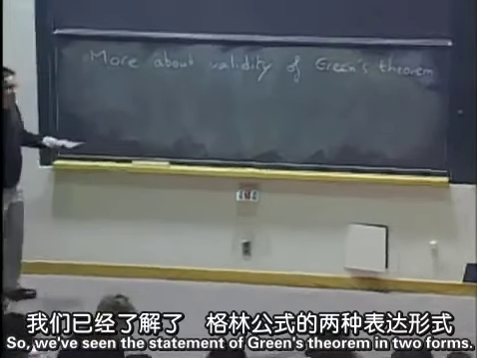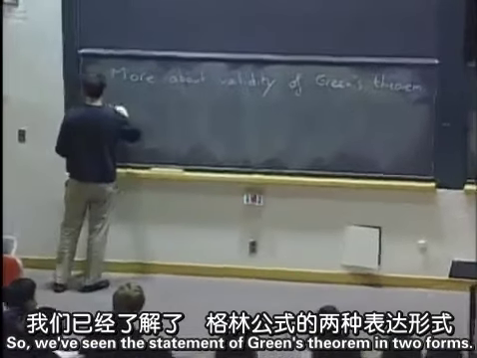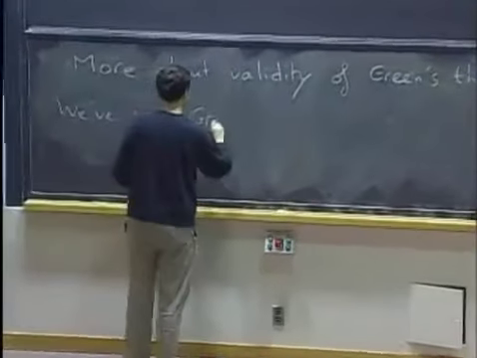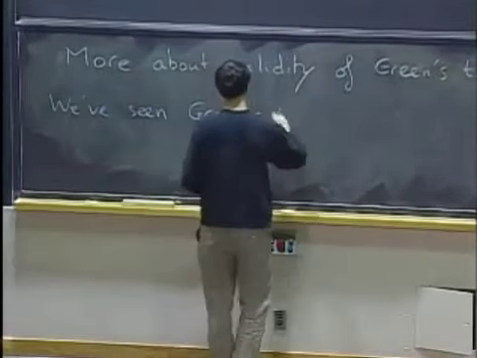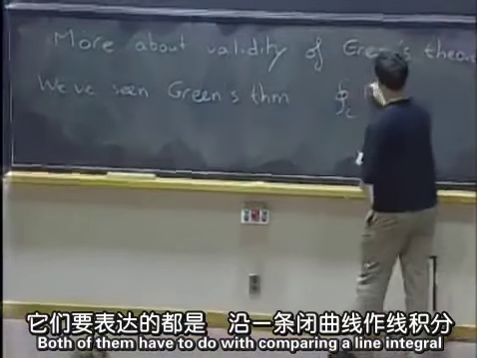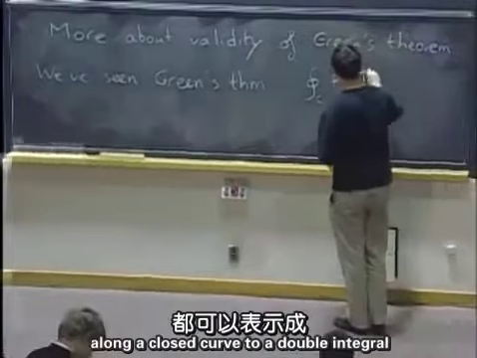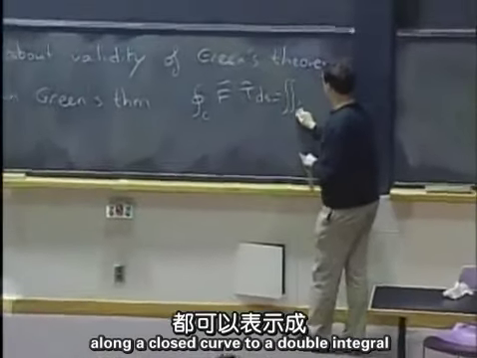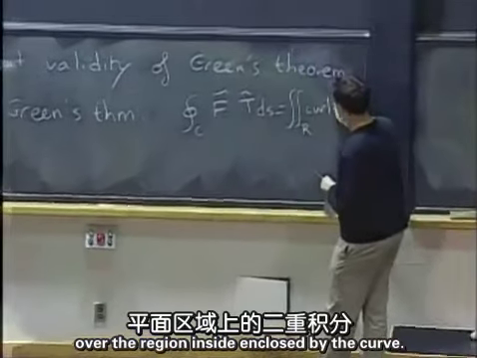So we've seen the statement of Green's theorem in two forms. Both of them have to do with comparing a line integral along a closed curve to a double integral over the region inside, enclosed by the curve.